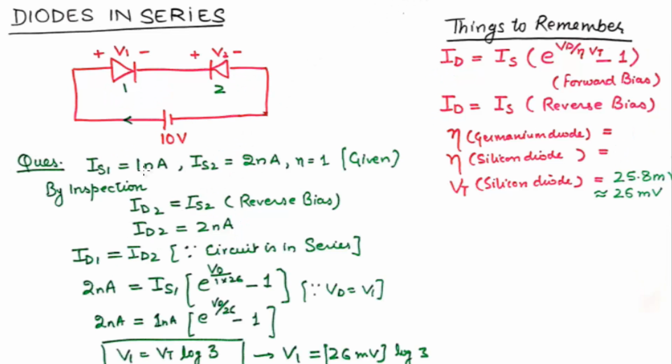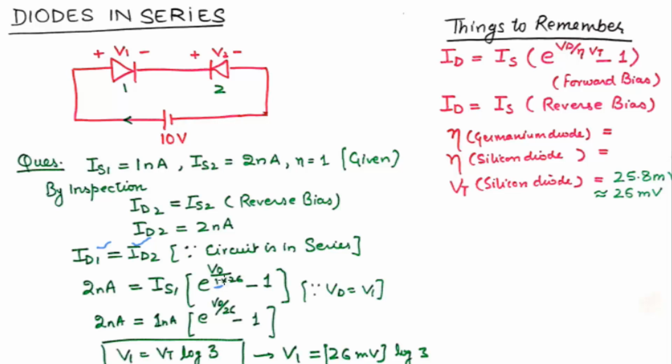And also because these two diodes are connected in series, the diode current in 1 will be equivalent to the diode current in 2 because the circuit is in series. So 2 nanoampere will be equivalent to the saturation current of the diode 1 into e raised to the power V naught upon eta.